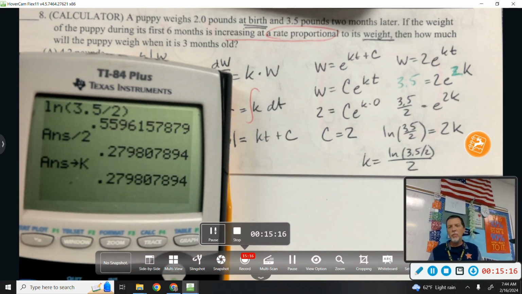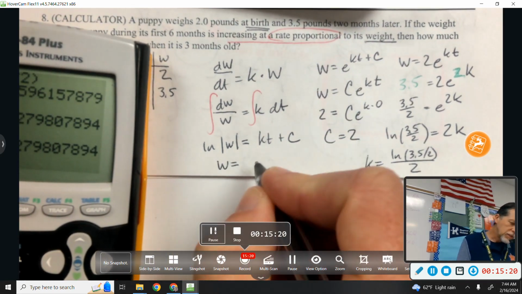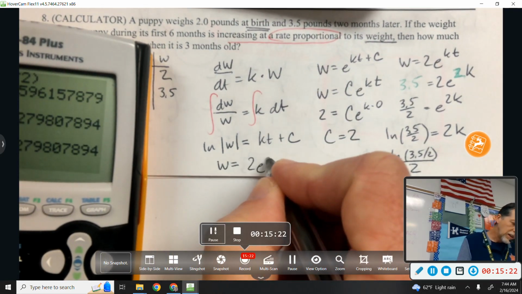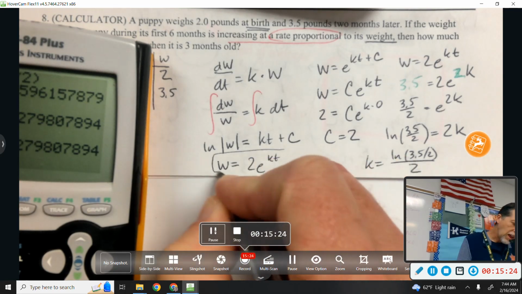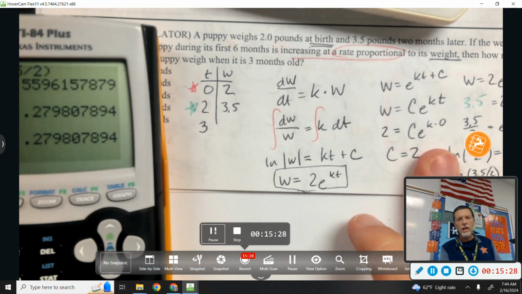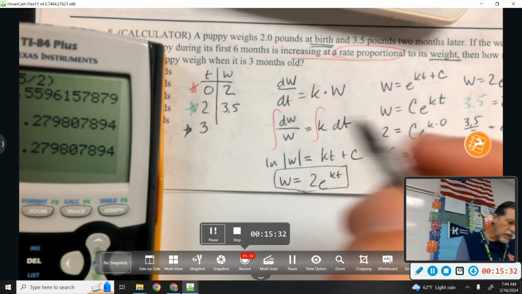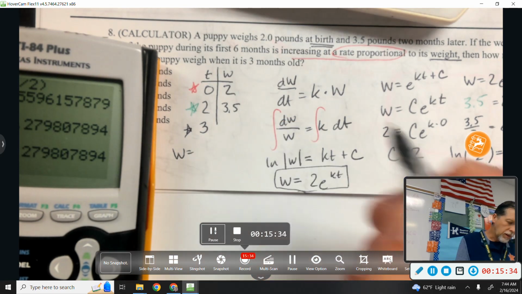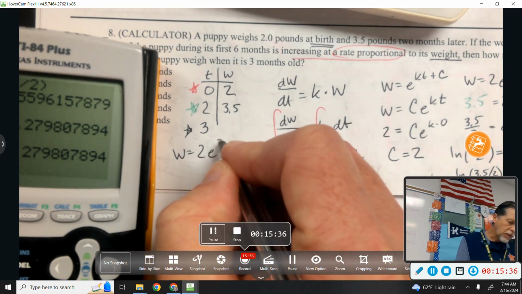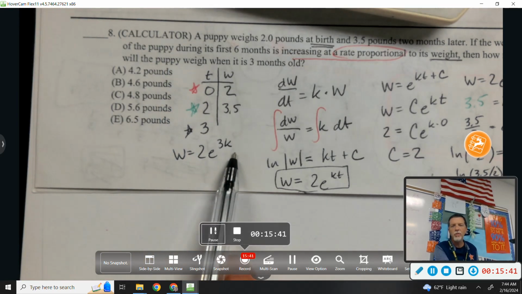So now my problem is set. I know that w equals 2e to the kt, and I know what k is, so I'm good. Now I just need to plug in 3. So w equals 2e to the 3k. k is not a variable anymore. k is a known constant.